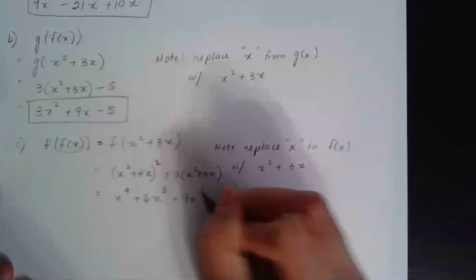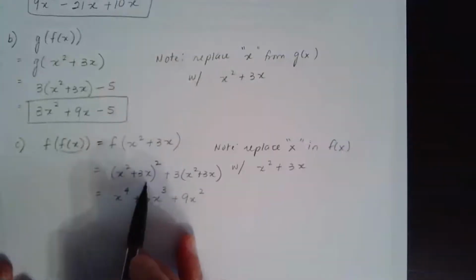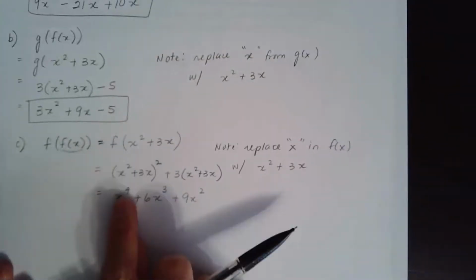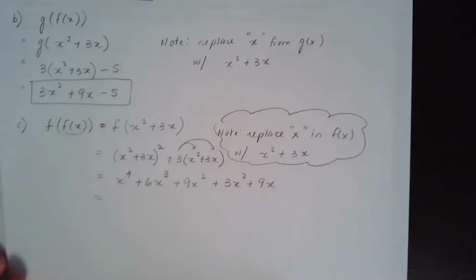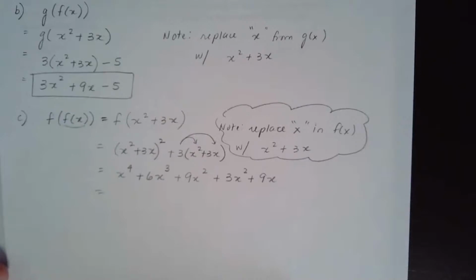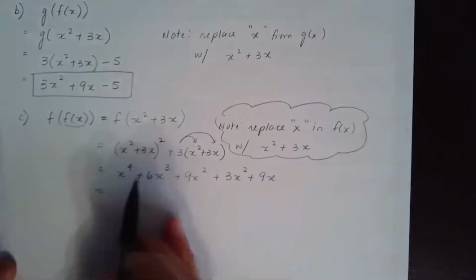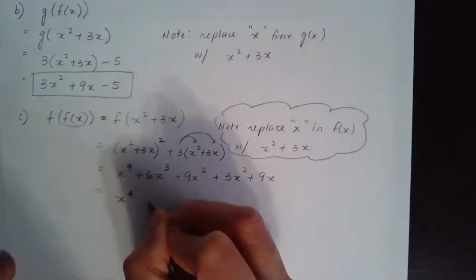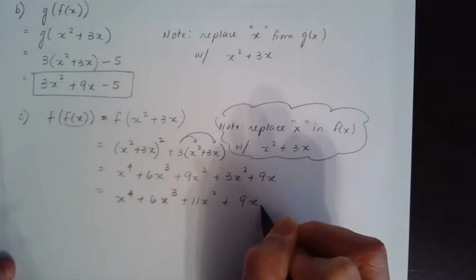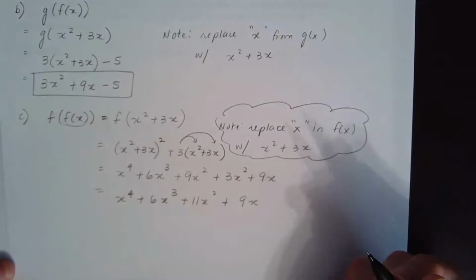So square this one, so that's going to be x to the 4th, and first term times second, so you would expand that, and then multiply, plus 9. So there's a little bubble there.